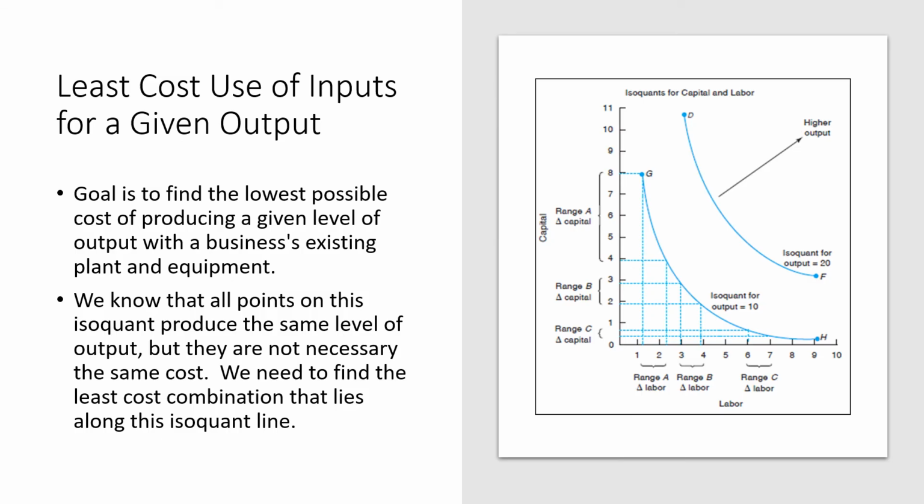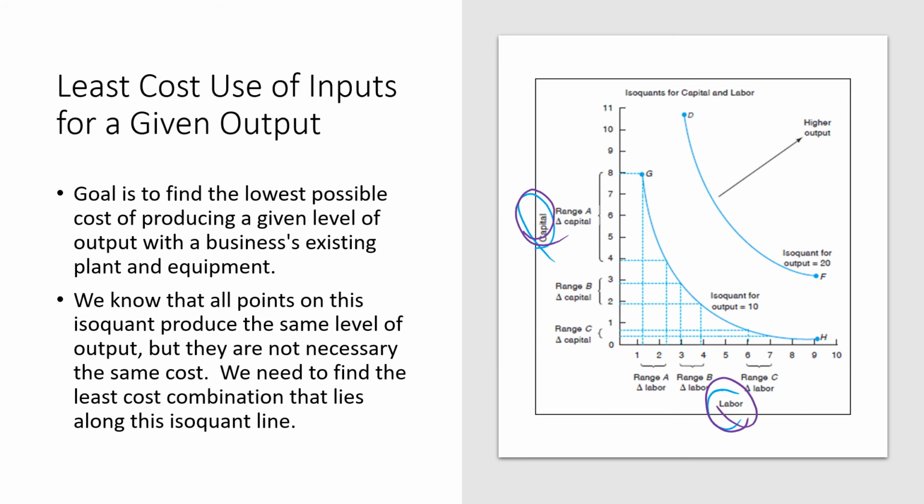So the ISO quant line gives us different combinations of two different inputs that produce the same level of output. The ISO cost line gives us different combinations of two different inputs that cost the same.